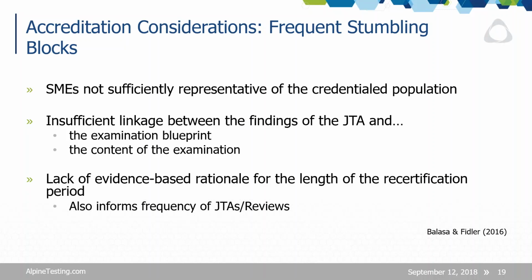A second stumbling block is that there's insufficient linkage or documentation of the relationship between the job task analysis results and how the blueprint was created, and also between the job task results and the content of the exam itself. A third stumbling block is a lack of evidence for the rationale of how long you have to wait before somebody gets recertified. And a corresponding question is, how often do you need to do another JTA?